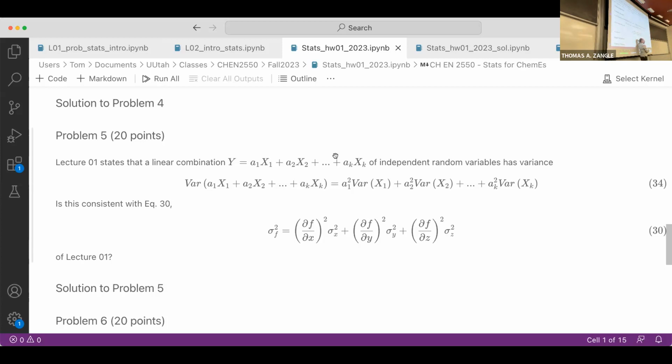So I would suggest starting there, saying that f is a1 times little x plus a2 times little y plus a3 times little z. Is this consistent with this?